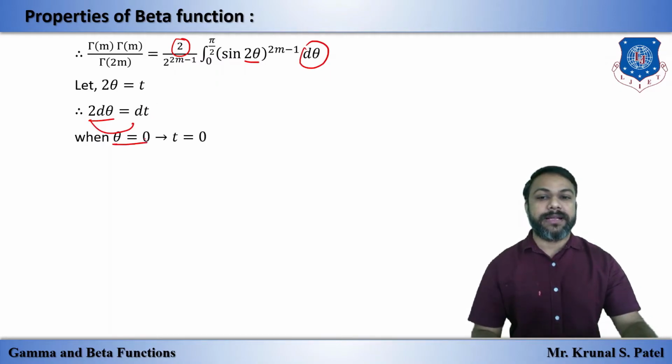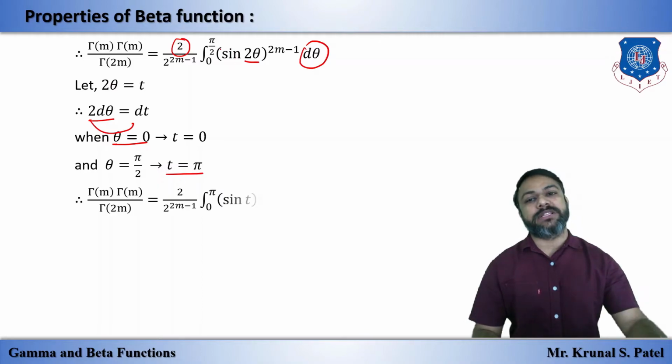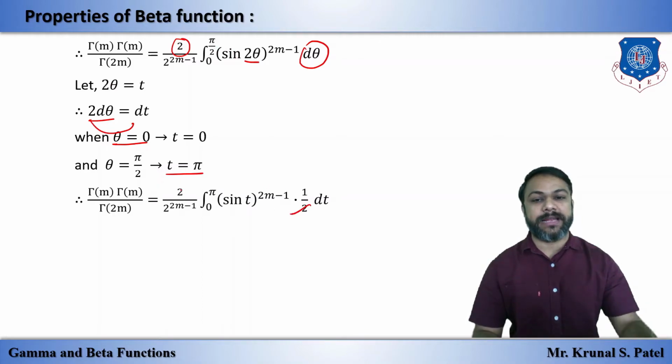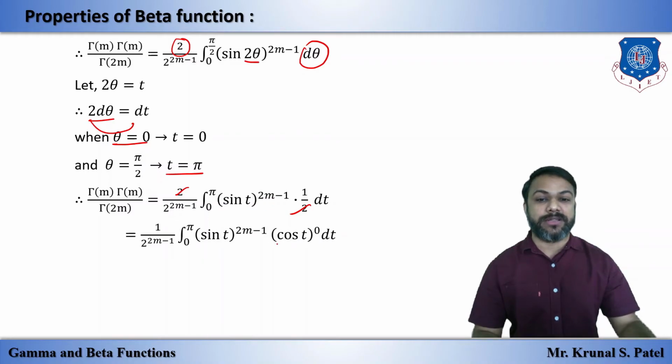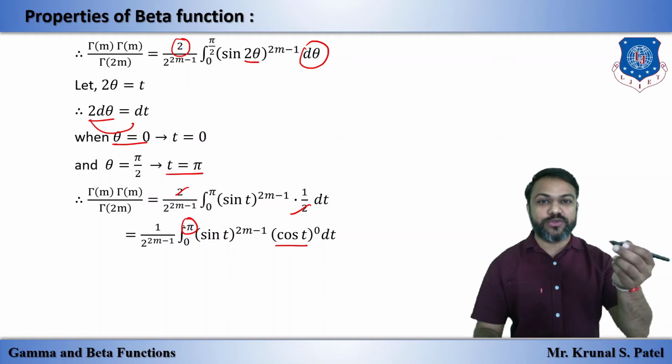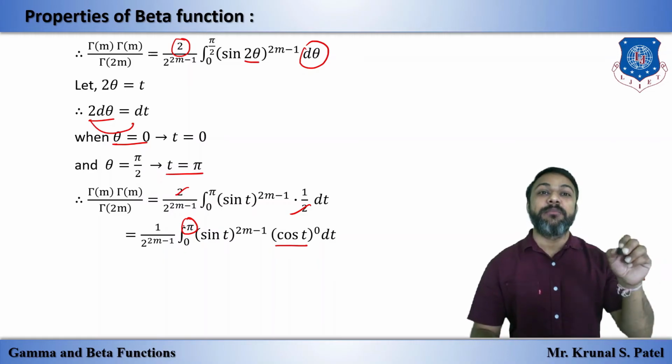Okay. When theta is 0, t is 0; when theta is pi by 2, t is pi. Now put all these values here. We can cancel out this t. So sine raised to this, and here cos is not there, so we can write cos t raised to 0. Now the limit is pi, so we cannot use that property. The 2 times integration 0 to pi by 2 of sine raised to something, cos of something, is equal to beta(m,n).